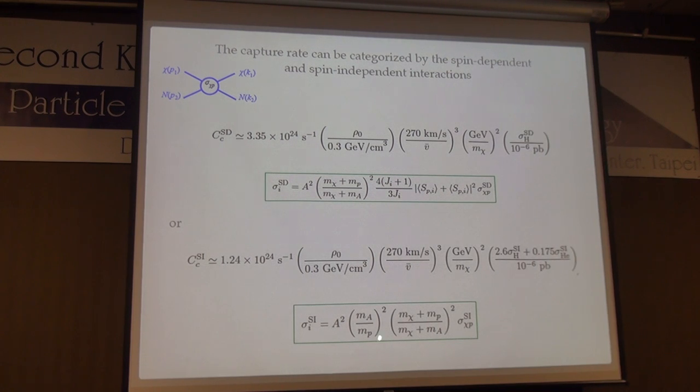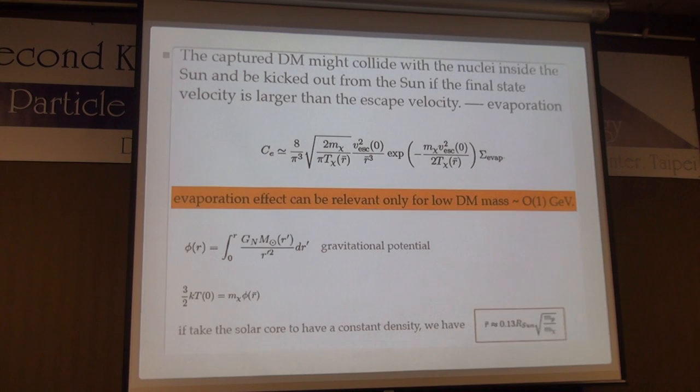For the spin independent, the interaction is proportional to the atomic number of the nucleus. And for evaporation, I already told you the mechanism: the dark matter can gain velocity larger than the escape velocity and be kicked out. You can imagine the evaporation effect is relevant for low mass, because low mass dark matter is easily kicked out from the sun.